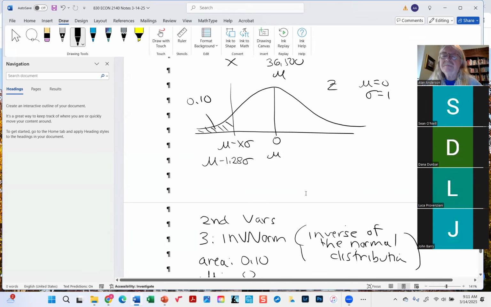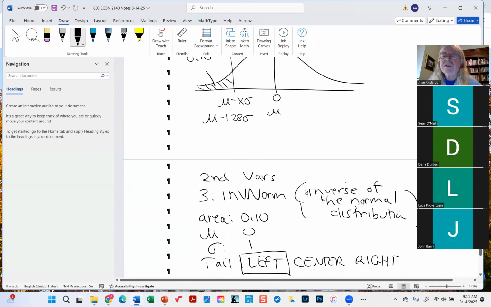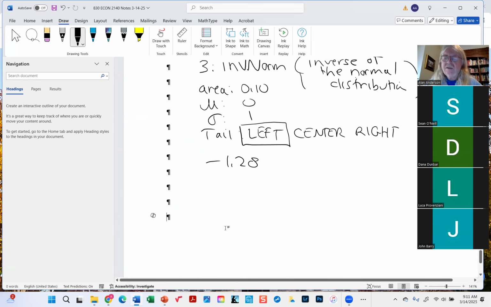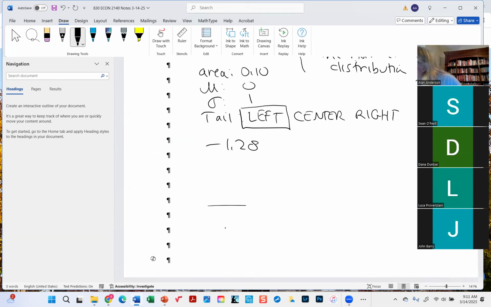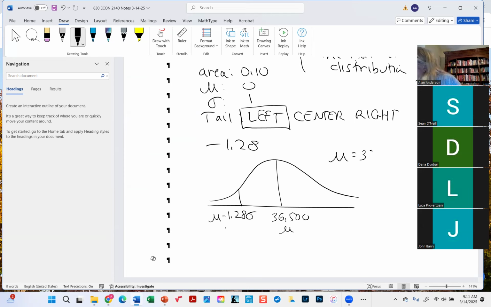And how does that help us? That's a good question. Because we don't care about standard deviations, we need to know mileage. But we know this formula, so all we have to do is plug numbers into this formula.